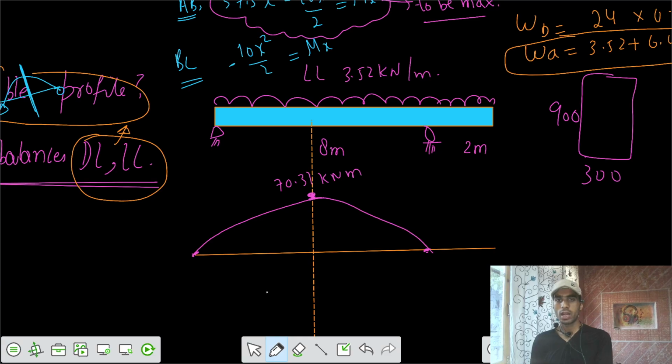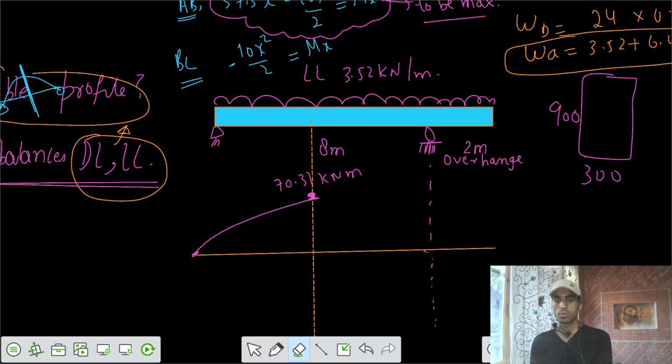But the moment should not be 0 at the other support, because we have an overhang, so we need to find the moment at this location. It can't be 0 here because of the UDL on the right side. So this diagram should not be correct after that, and this part we have to erase.